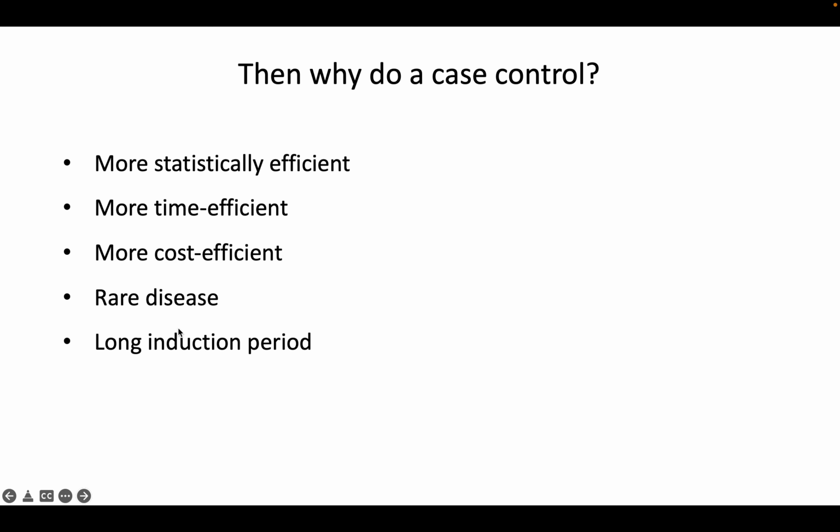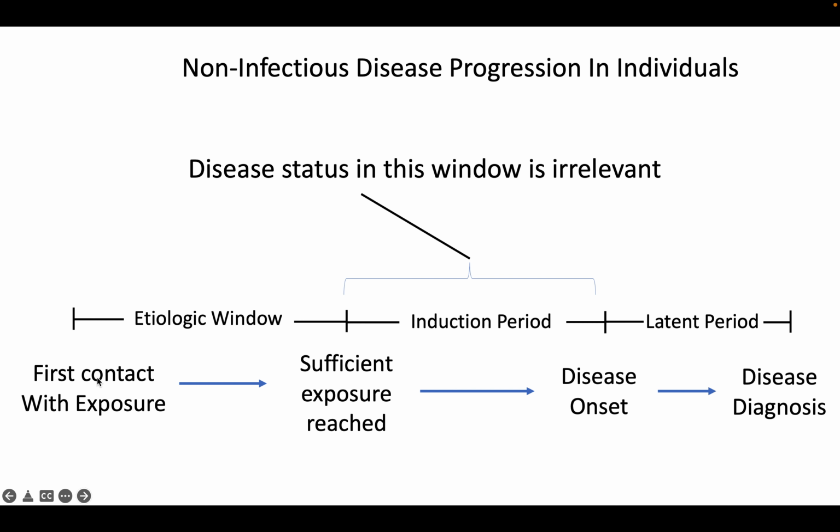Also, when there's a really long induction period, and I'm just going to go to the next slide because it talks about it. This is the path of disease, basically, from your first contact with the exposure up until you've been exposed enough for it to cause disease. One X-ray, for example, isn't enough to cause cancer, but there's some sufficient number of X-rays at which cancer is possible.